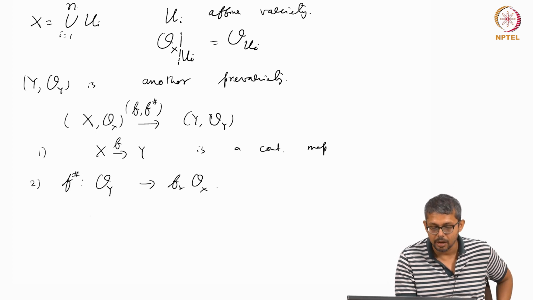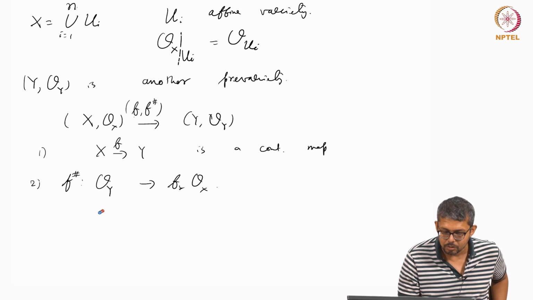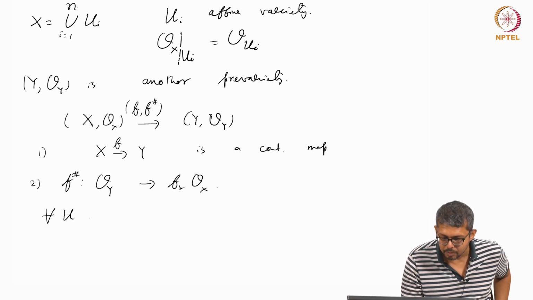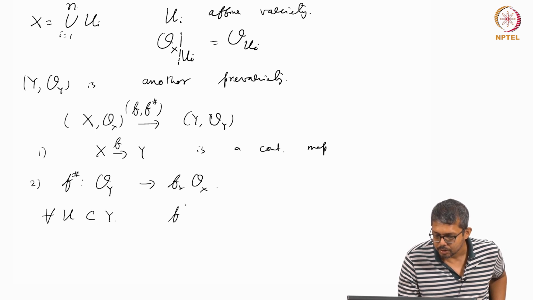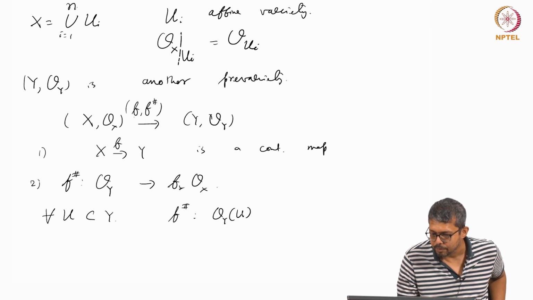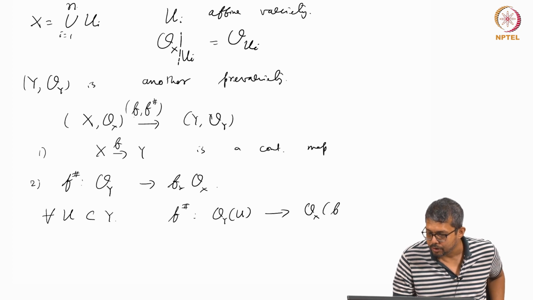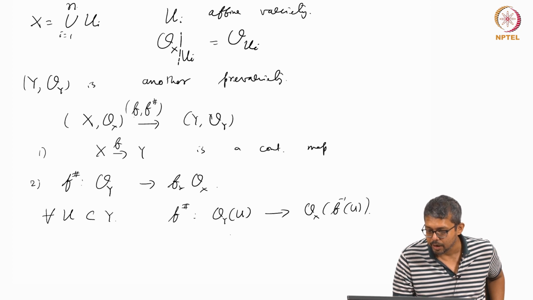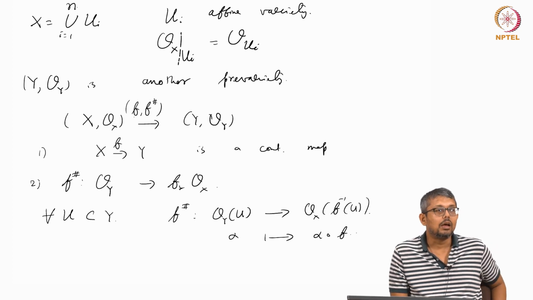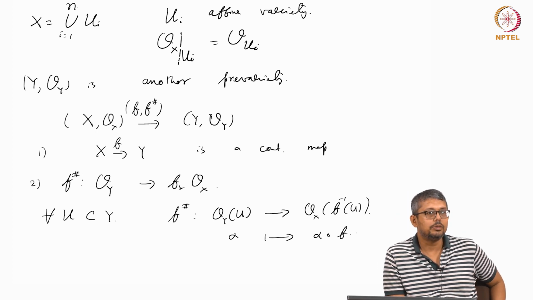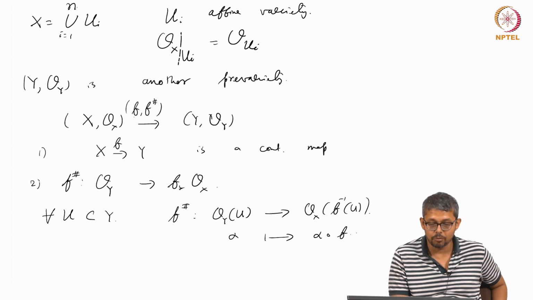But the second condition means that for every U in Y, F hash takes O_Y of U to O_X of F inverse U. That is, if I take a function here, say alpha, then this goes to alpha composed with F. So alpha goes to alpha composed with F, for all U and for all alpha.